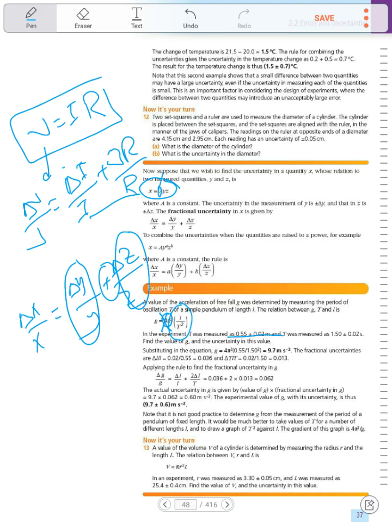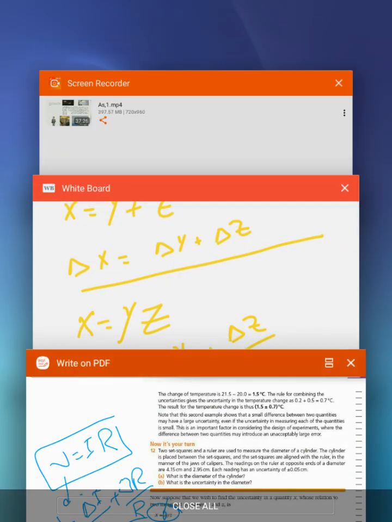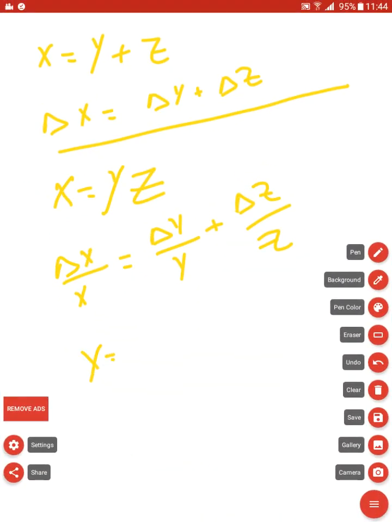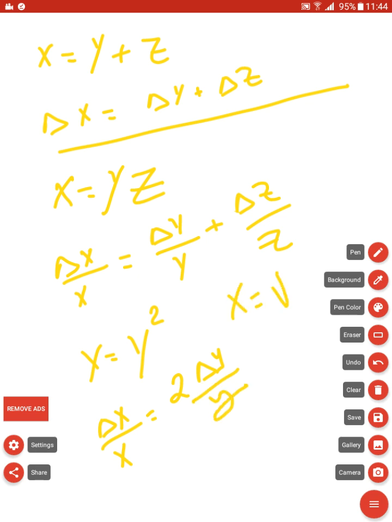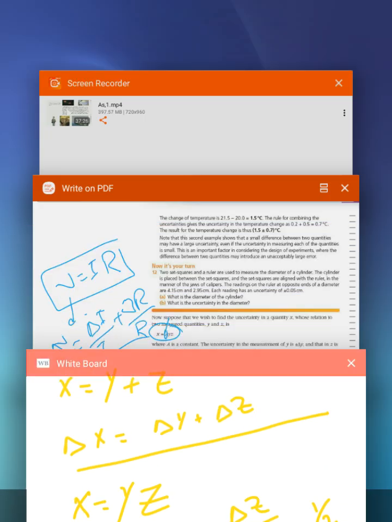What if the value is like this, t squared? If I have x equals y to the power 2, then delta x over x equals 2 delta y over y. What if x equals the square root of y? Then delta x over x equals 1/2 the error in y over y. Why? Because the square root of y is y to the power 1/2.